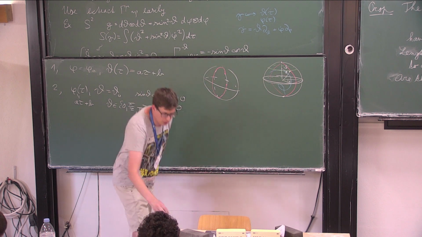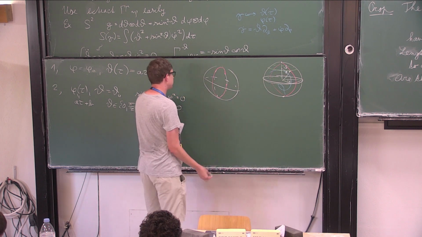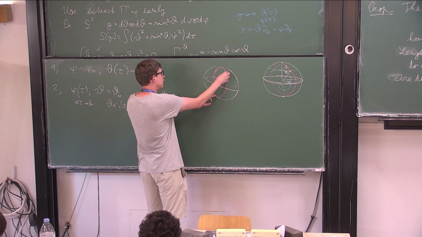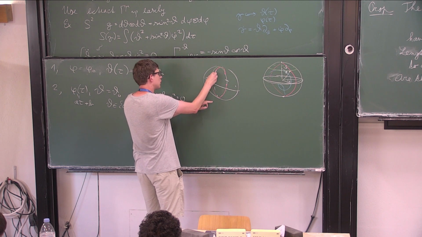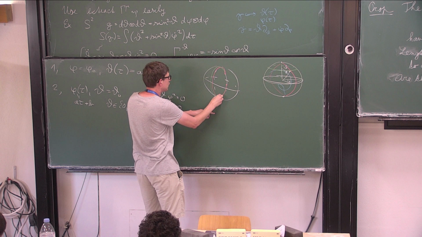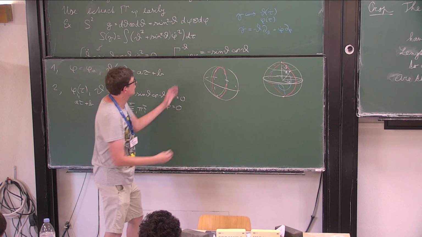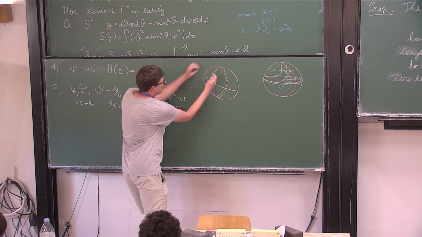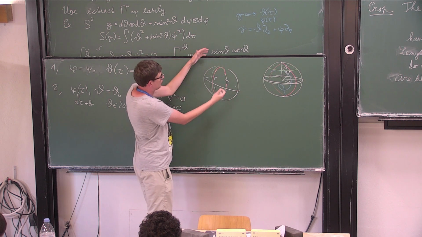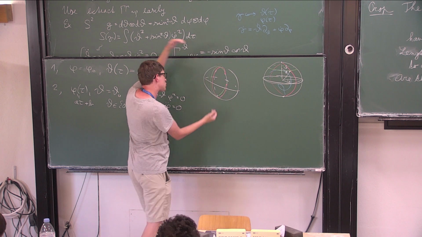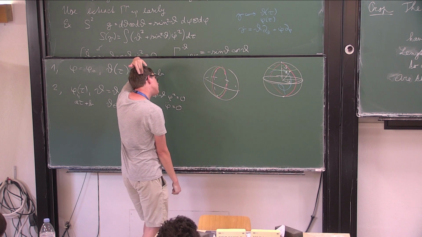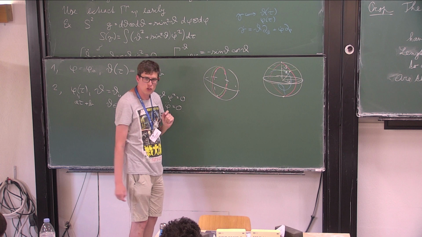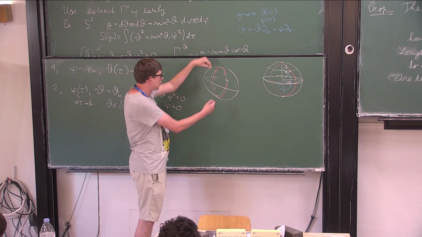But if you now deform this, okay, this is a very bad picture, but you can try to take the geodesic and move it around, and then you can also shorten it. Anyway, that should be a way to make it shorter actually.